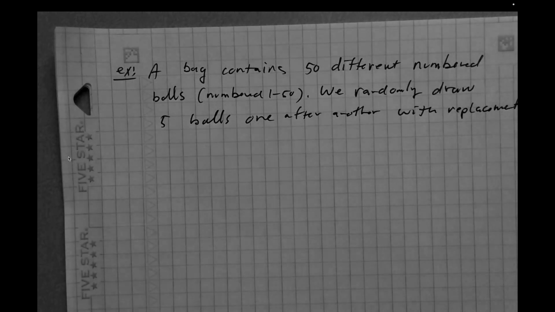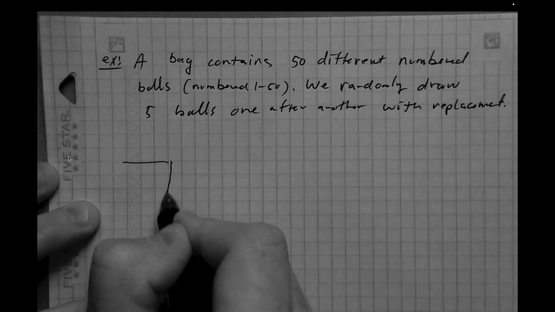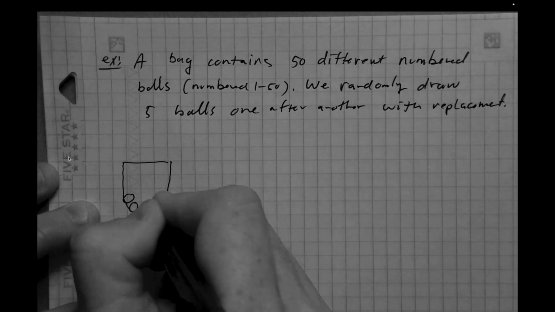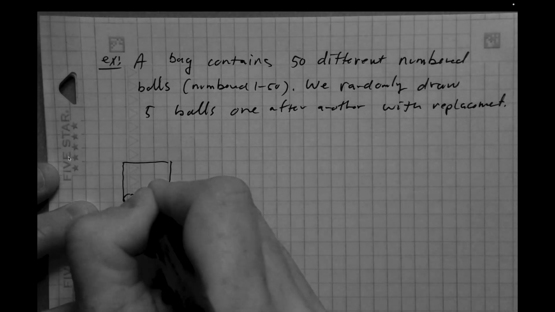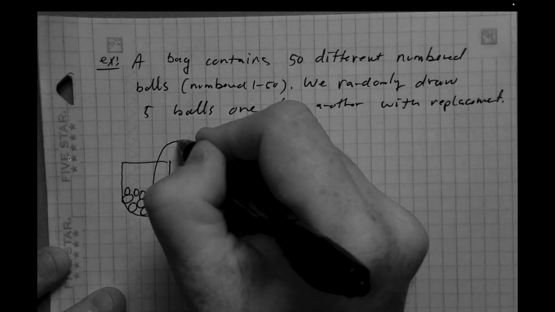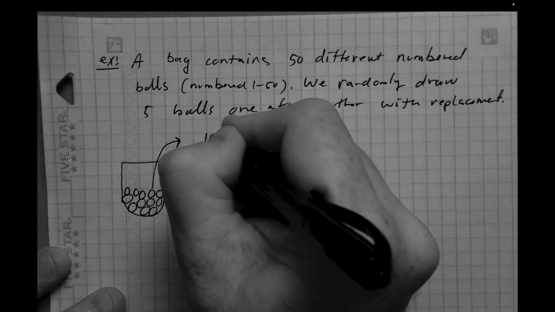Okay. So what does that mean? This with replacement. So the idea is I've got this bag, and in it there are 50 balls. I'm not going to draw 50, but you just assume that's 50, right? I take one out, I look at it, maybe I write it down, maybe it's a 10.